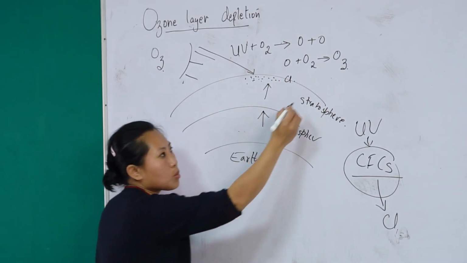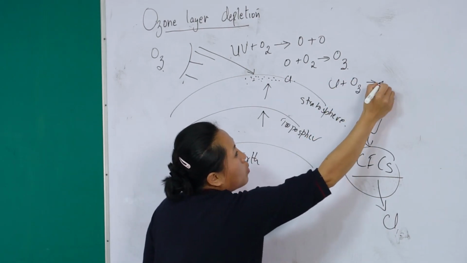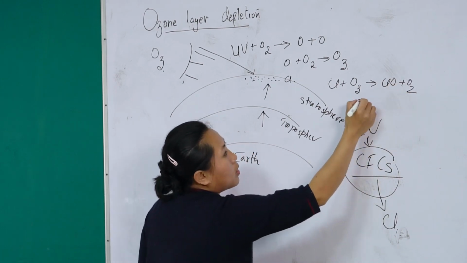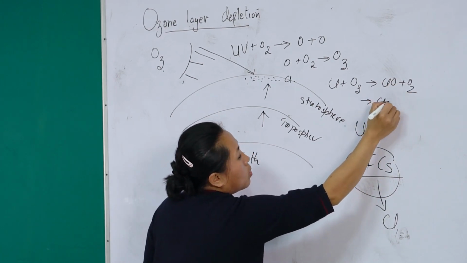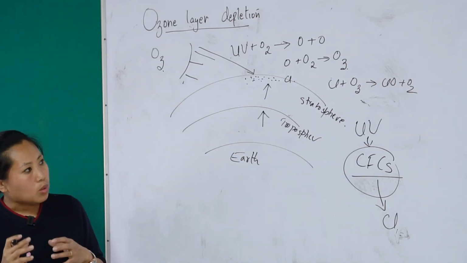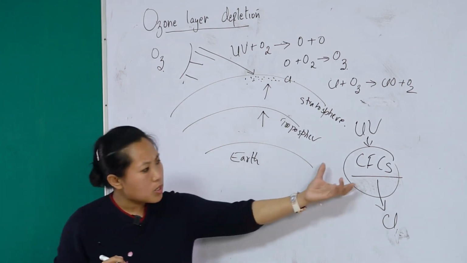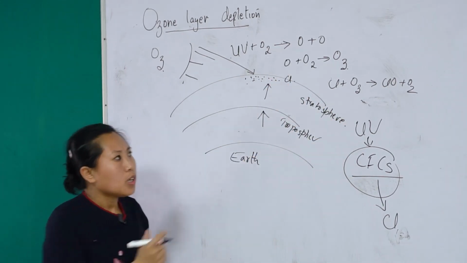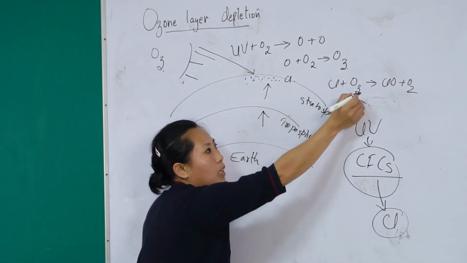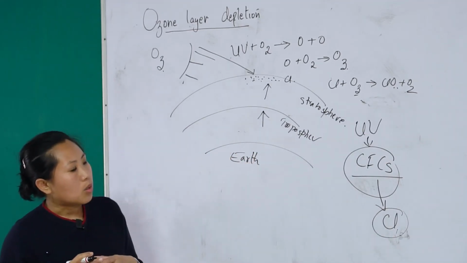These chlorine atoms, when they come in contact with ozone, break it up into chlorine monoxide and oxygen, and this is how chlorine slowly destroys the ozone. As more and more CFCs are released into the atmosphere, more and more free chlorines are formed, which goes on attacking and reducing the number of molecules of ozone.